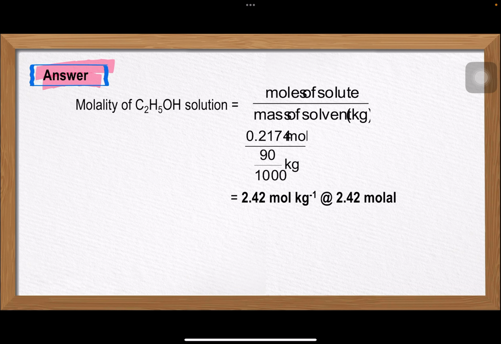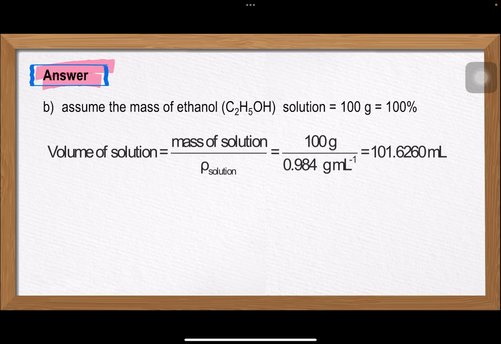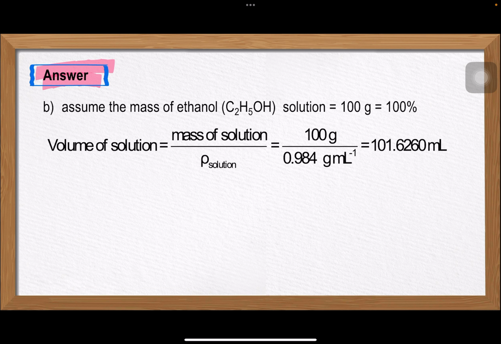Then molarity. Okay, we already know the mole of solute divided by volume of solution. From there we already assume the mass of solution is 100 gram. So from the mass of solution we can identify the volume, because molarity has volume of solution.